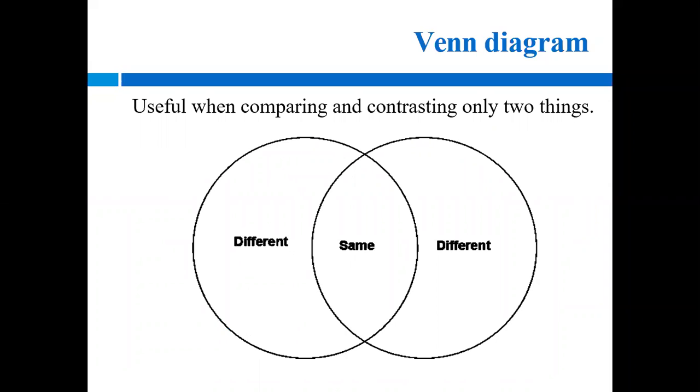When we talk about how and when to write a compare and contrast essay, you see that comparison in writing discusses elements that are similar, while contrast in writing discusses the elements that are different.